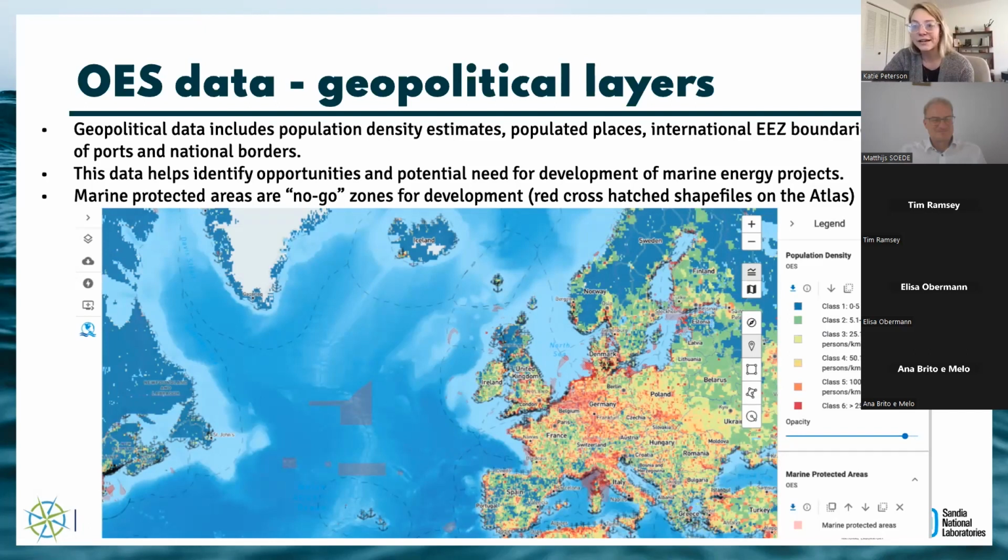This helps identify needs and opportunities for different development of projects and where it might be best to connect on land. We also have these marine protected areas, which are the red cross-hatched shapefiles on the atlas, which represent no-go zones. So that's also important. Where you can't develop is a critical data gap sometimes.